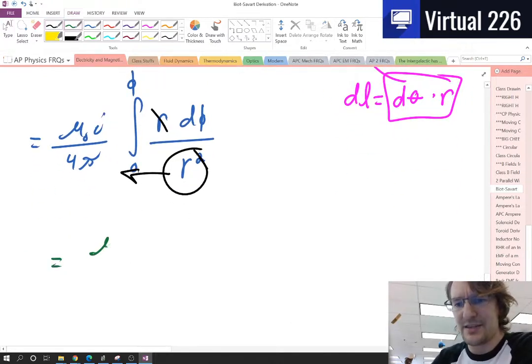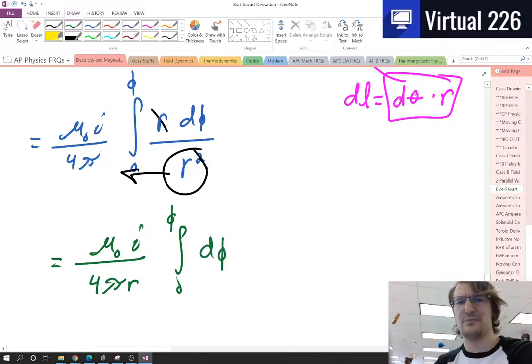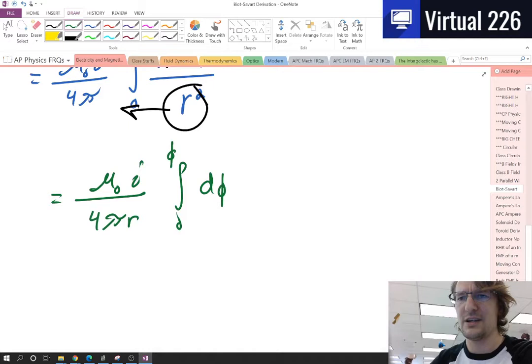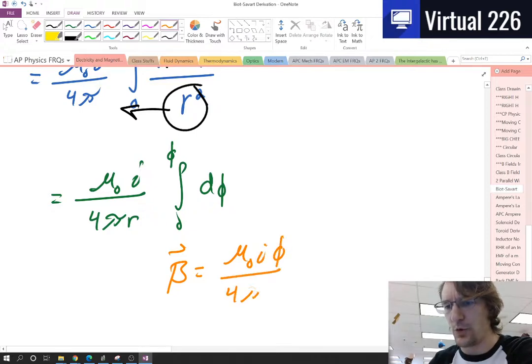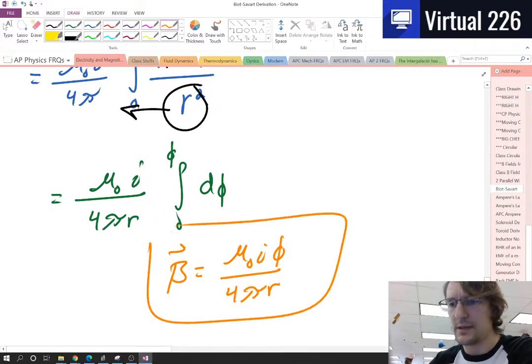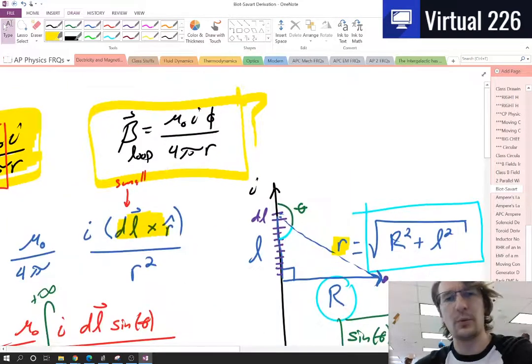And our final integral is going to be mu naught I over 4 pi r, the constant, times the integral from 0 to phi of d phi, which may be the easiest integral we do all year. And we finally see that the B field of a wire loop is just mu naught I phi over 4 pi r. And luckily, that is what we saw all the way back up here in the beginning and what we talked about in class.